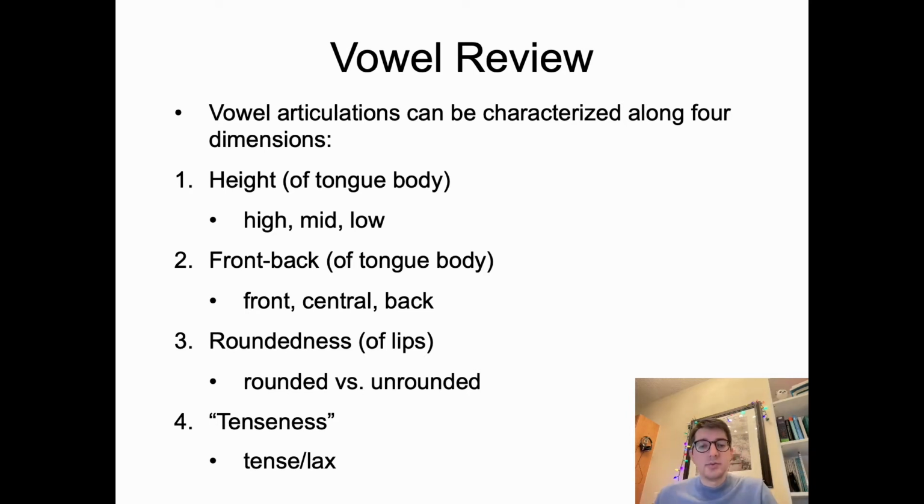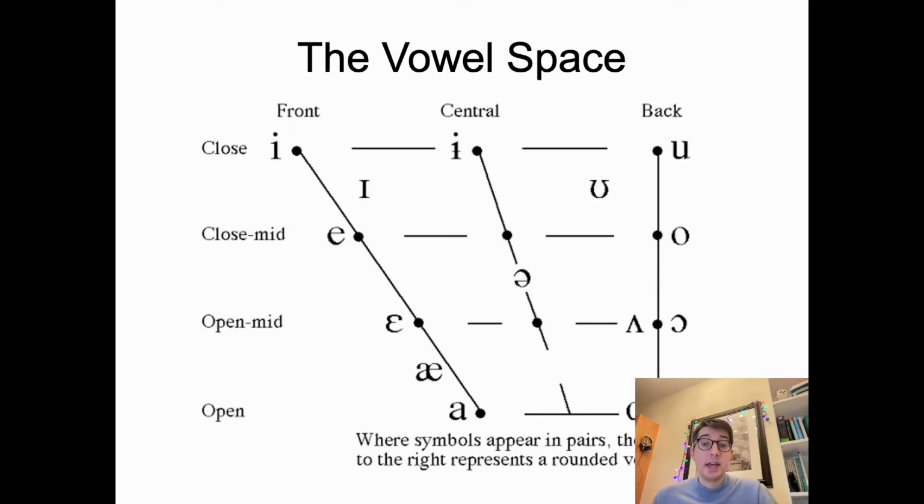If we just look at the first 2 dimensions, height and frontness, we can plot out vowels into a quadrilateral vowel space, and this is a quadrilateral vowel space. The shape of the vowel space is not symmetrical because there is more room for tongue movement along the palate, that is higher up for high vowels, than there is for lower vowels.